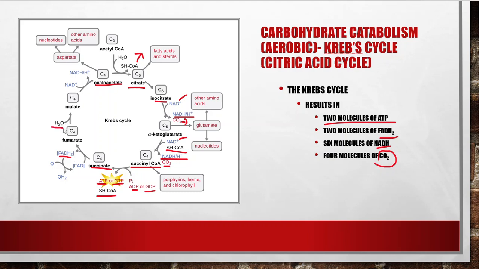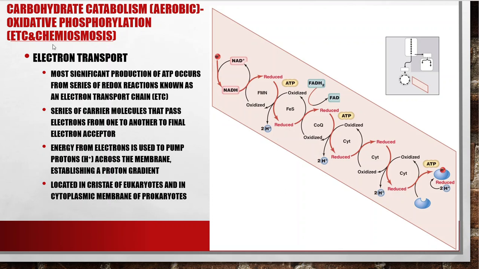We add hydrolysis, water in, becomes malate, still 4 carbons. NAD comes in one last time, grabs hydrogens, and when he finishes, we're back to oxaloacetate. Whew, that's a lot, isn't it? It's really not. You just have to spend time with this.